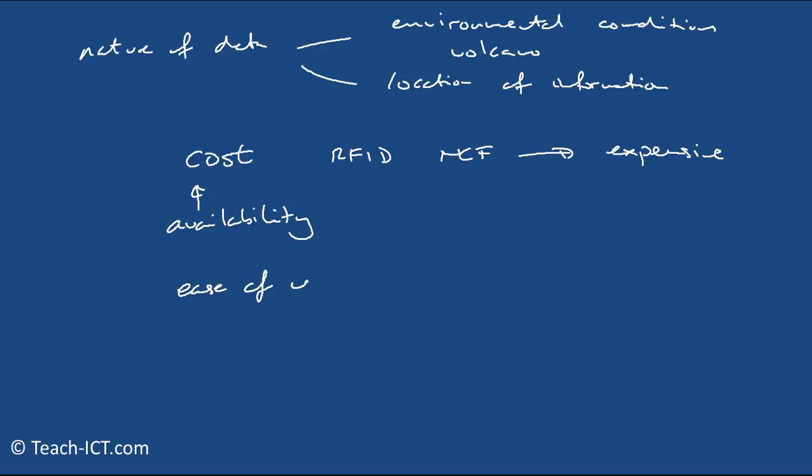Ease of use. There is no doubt that RFID, NFC, barcode scanners, all of those are far easier to use than typing things in. So ideally you would say that when it comes to implementing a system, these sorts of systems are going to be easier for people to use. Or are they? If you're out doing a survey on the street about people's preferences, what brand of pop they like to drink, you're probably not going to be using barcode technology.